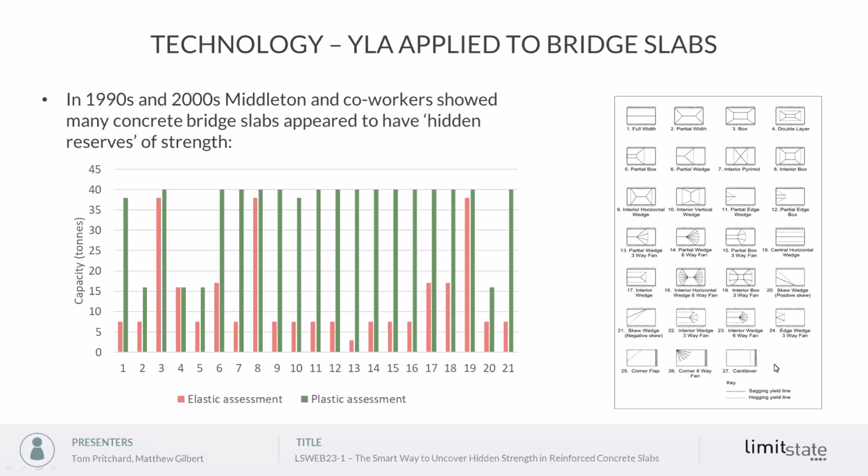So there could be a mechanism number 28, which was actually critical in this particular case in question, which, as we have heard already, would lead to a non-conservative prediction of strength. So that was the downside of this approach that Middleton and co-workers applied.